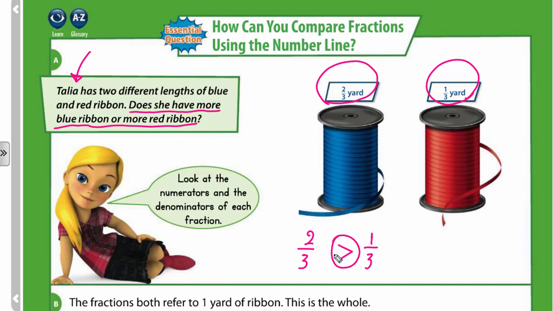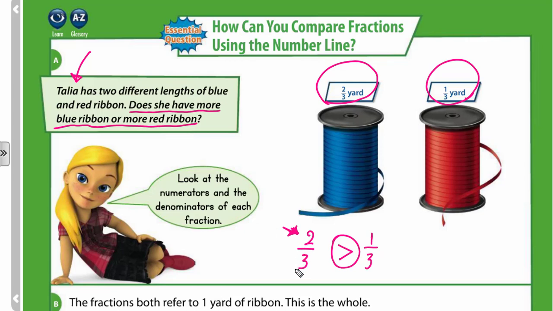So, my heroes, as you can see, we can answer this question without number lines. We didn't use them yet, but now we know the answer already. Because if we have the same denominator, the bigger number on the top, in the numerator, gives the bigger fraction.